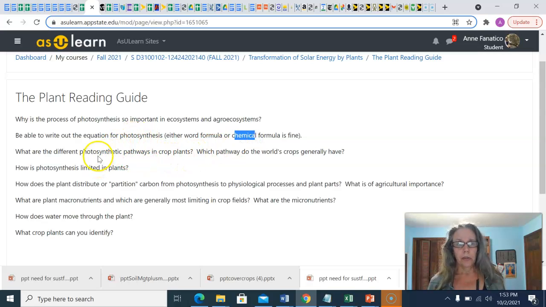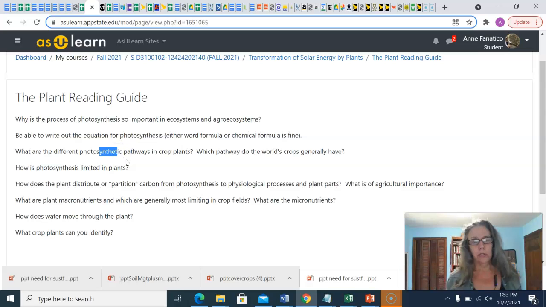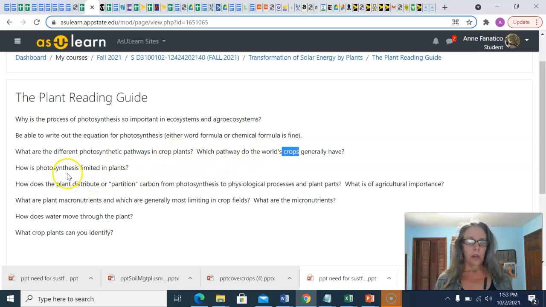You do need to know about the different photosynthetic pathways in crop plants, and that most of the world's crops generally use the C3. Understand how photosynthesis is limited.